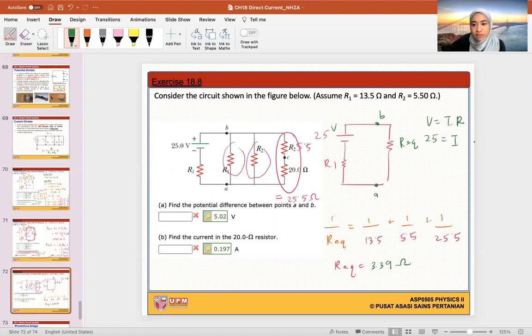I want to find out what is the I, and the total R for this circuit is R1 plus R equivalent. So R1 is 13.5 plus R equivalent of 3.39. Okay, so it's 16.89. And then my I becomes 25 divided by 16.89, the answer is 1.48.